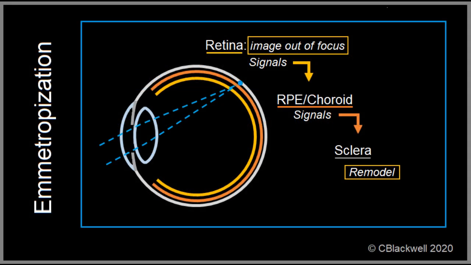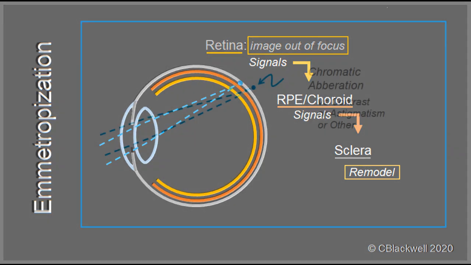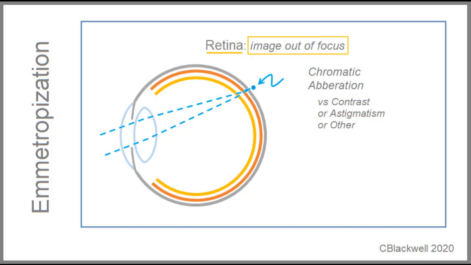What goes on within the layers of the retina that controls the physical changes of emmetropization? There is a cascade of signals that go from retina to choroid to sclera to control remodeling. The retina, by whatever mechanism, is able to detect which direction the image is out of focus, in this case showing hyperopic defocus.